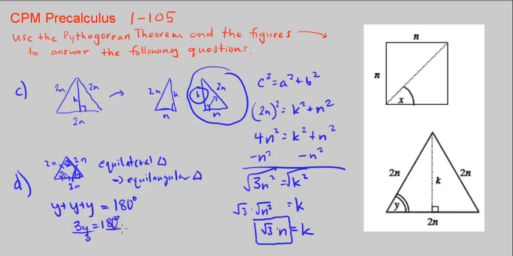Let's divide both sides by 3, and then we get y alone is equal to 60 degrees. And this is good because we know equiangular triangles and equilateral triangles always have all three angles being 60 degrees. All right, so this ends CPM Precalculus Chapter 1, number 105.